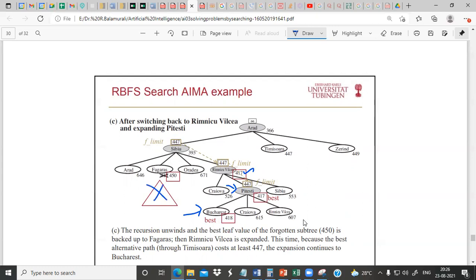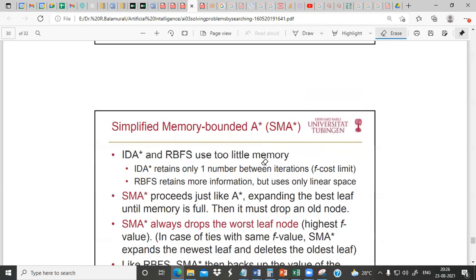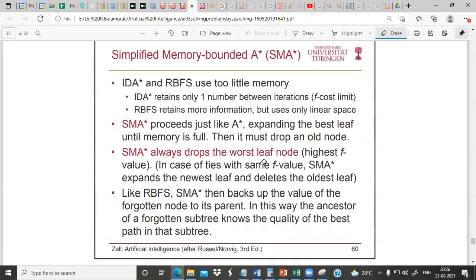We remove all these nodes from the memory. That is how it reduces the memory. So this is how RBFS, recursive best first search, works.